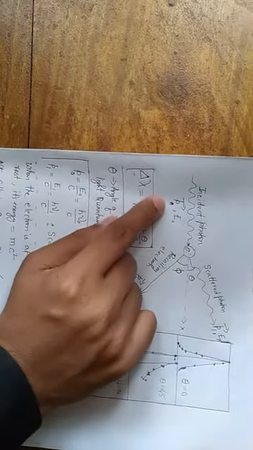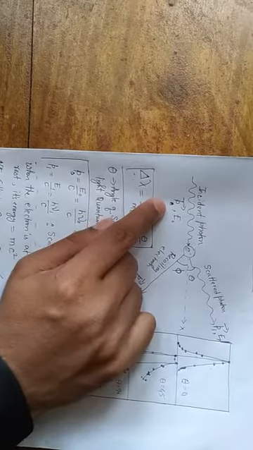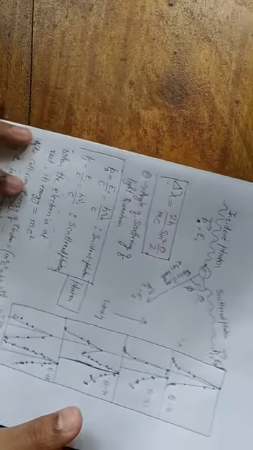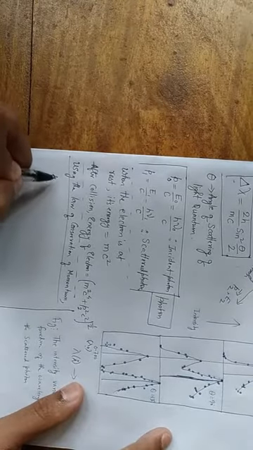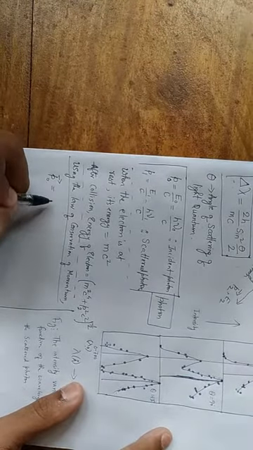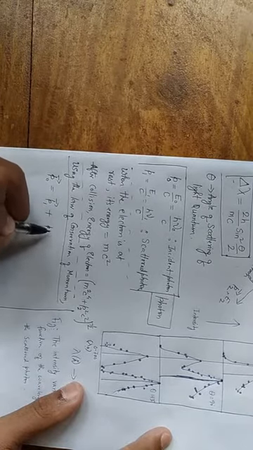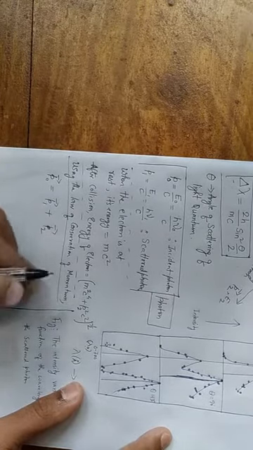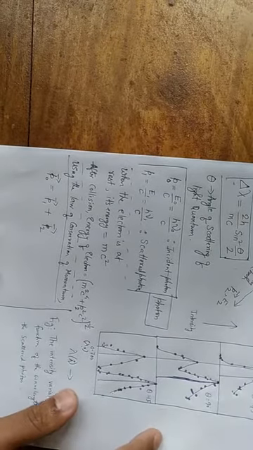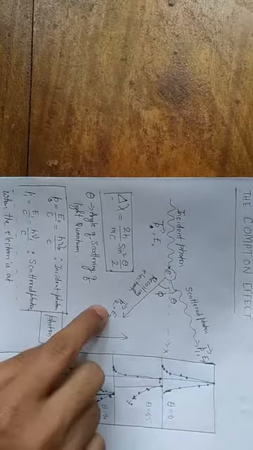Here vectorially we can write p naught is equal to p1 plus p2.